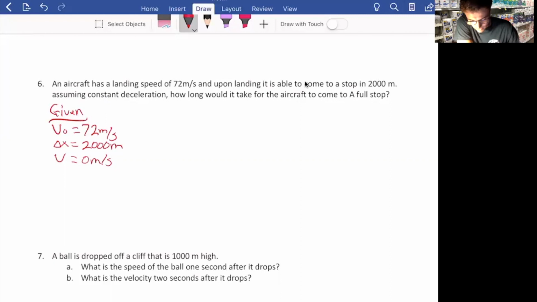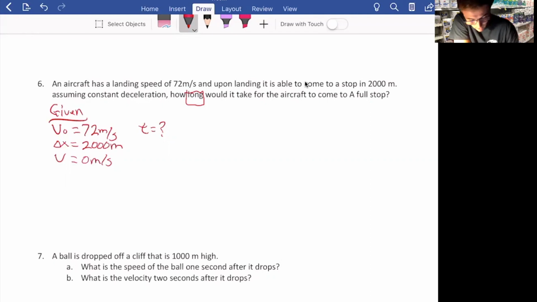What do we need? We need to know how long, so we need to know the time. Do we have an equation to solve for this? Yes. What are we missing? Acceleration. We're assuming constant deceleration, just slowing down in the positive direction, so we can use our equations.